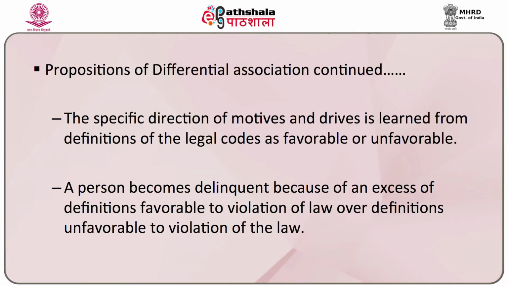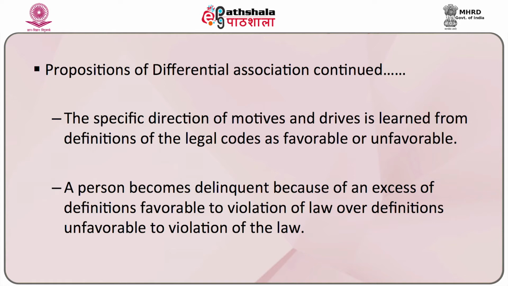The specific direction of motives and drives is learned from definitions of the legal codes as favorable or unfavorable. It emphasizes the role of personal networks in the transmission of attitudes and definitions favorable or unfavorable to delinquency.